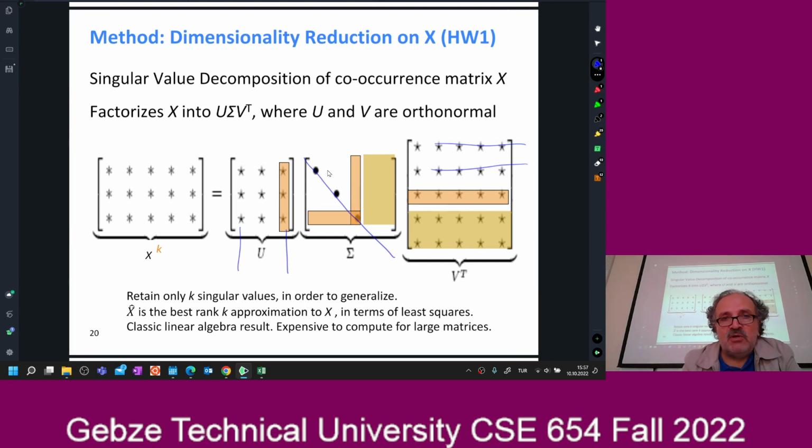So why are we talking about this? Because I can represent each of my vectors differently. This is the original matrix.